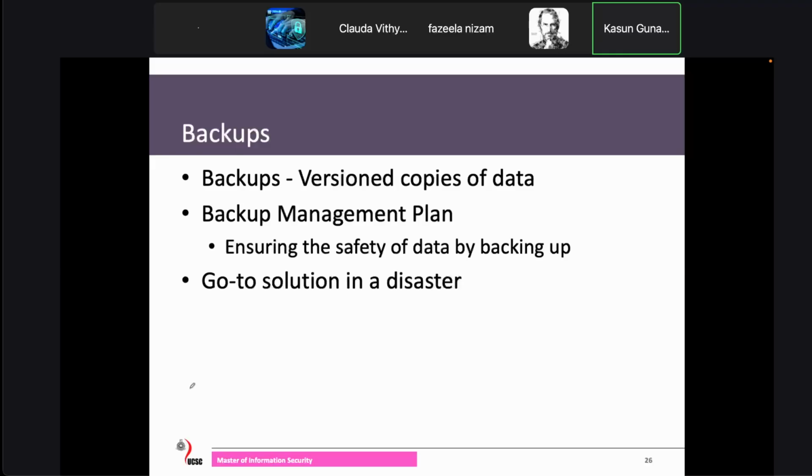It can be used to replace or restore your data and the system after a failure or maybe a disaster. So you need to have a right backup plan and backup management plan. It will ensure the safety of the data and also the safety and the security of the backups as well.